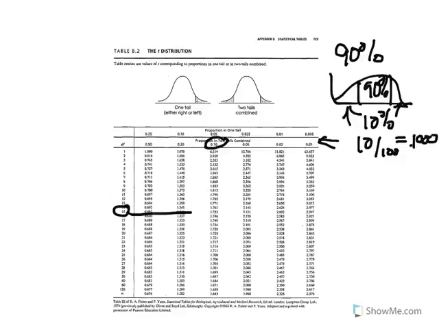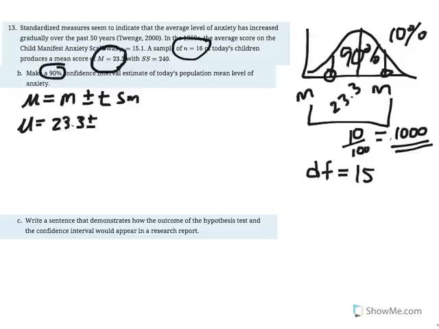So we're going to see where those intersect, and we get a value of 1.753. So again, that's how we find our t-value to calculate our confidence interval. So we just found our t-statistic equal to 1.753.